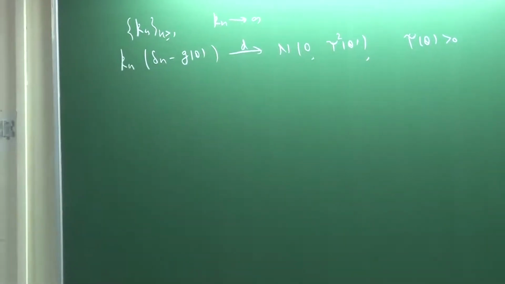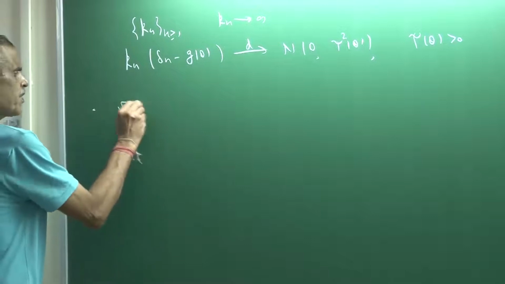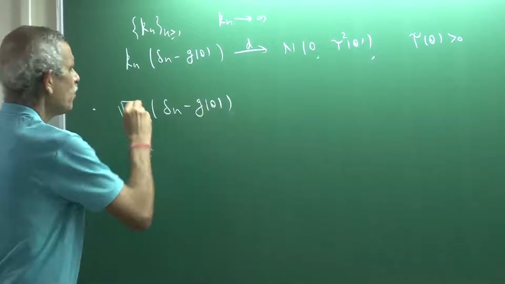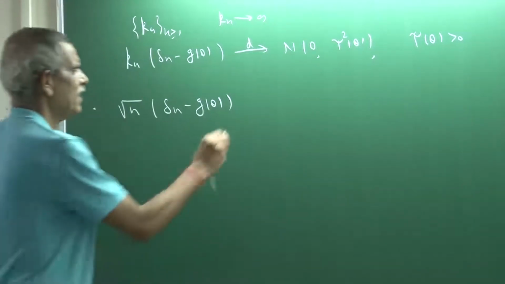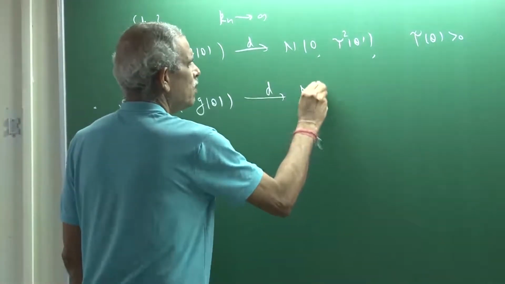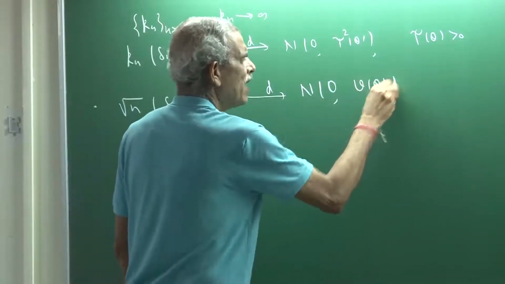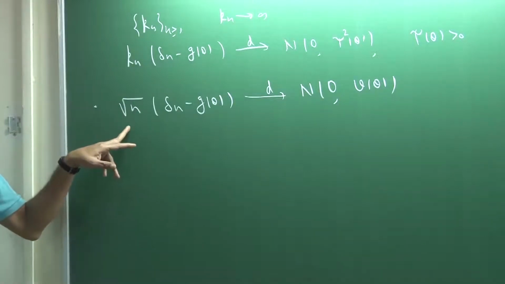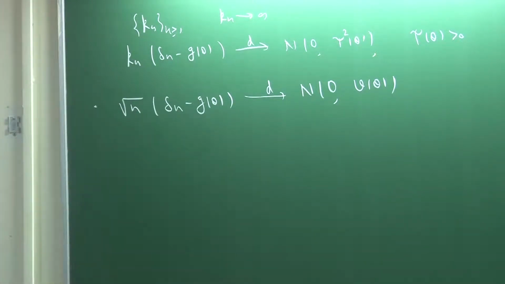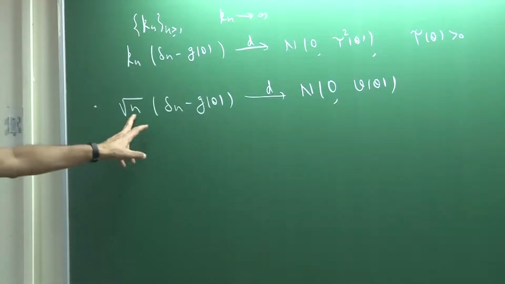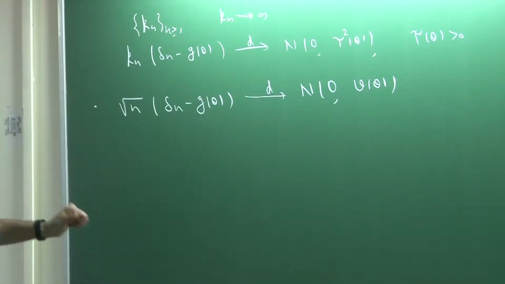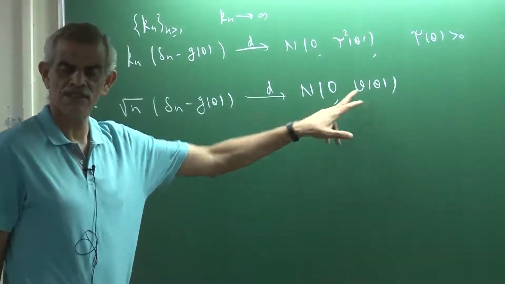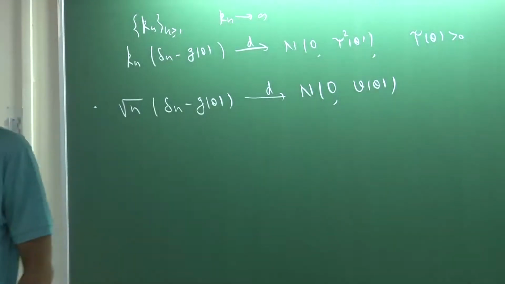In many situations you're comparing sequences where root n (delta n minus g theta), with normalizing constant root n, always goes in distribution to normal(0, v theta). So you might have more than one estimator for which the rate of convergence is 1 upon root n. Then you compare their asymptotic variances. Whichever is smaller, that estimator should be preferred.